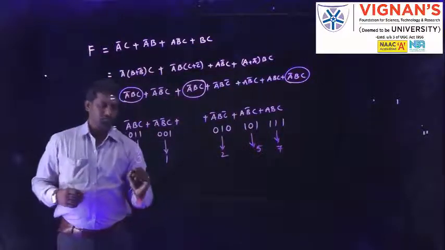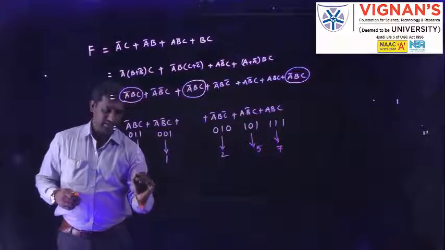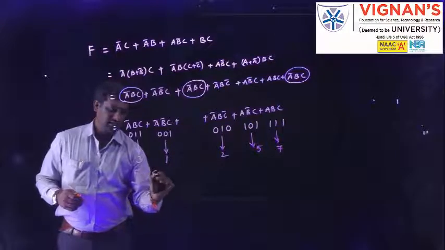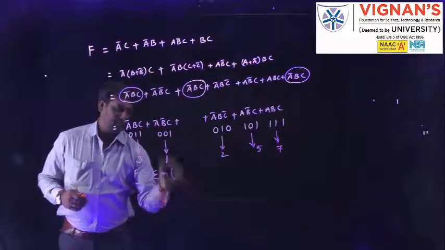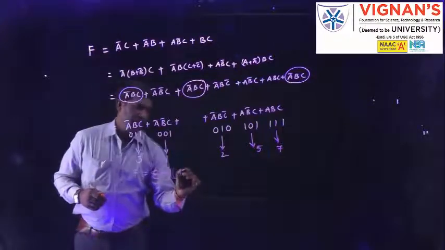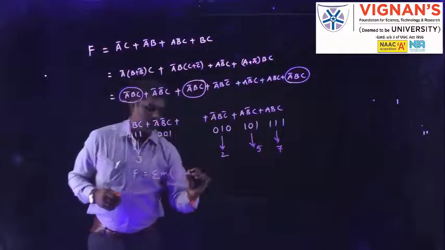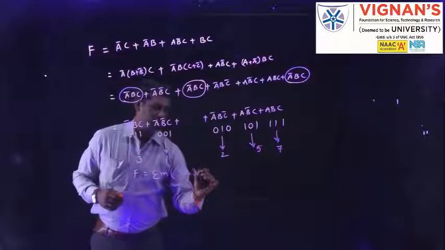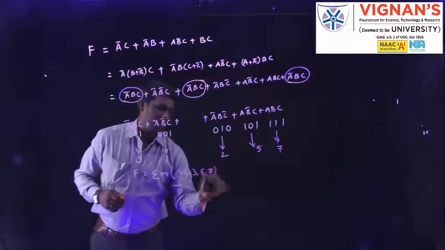So the function representation is sum of minterms of 1, 2, 3, 5 and 7.